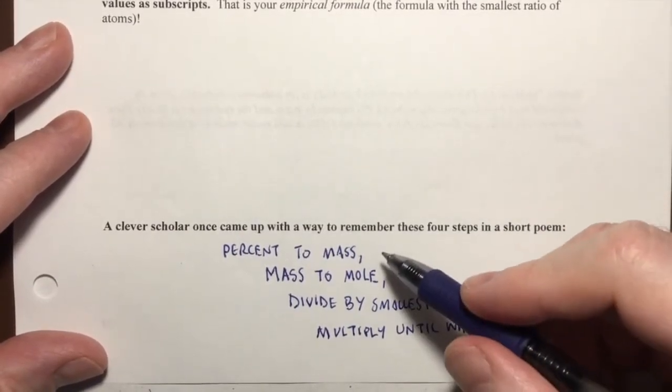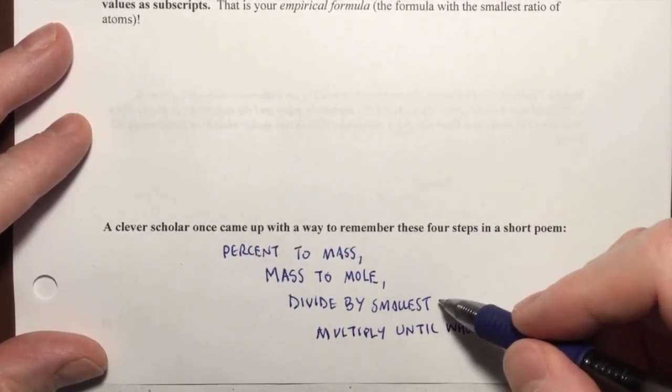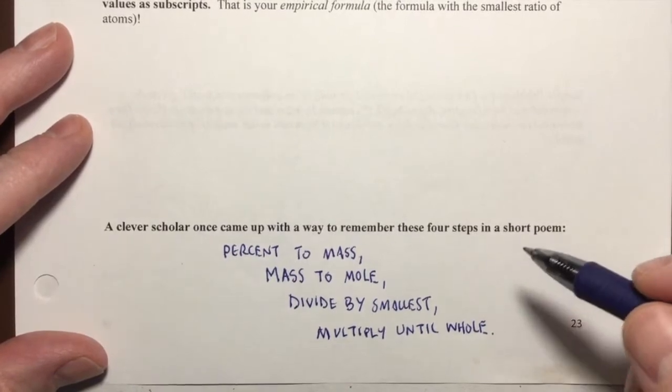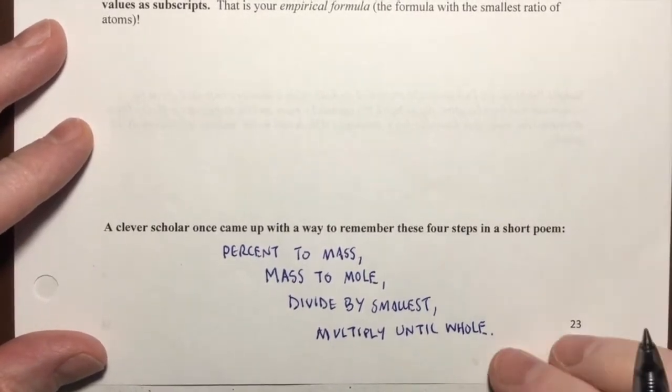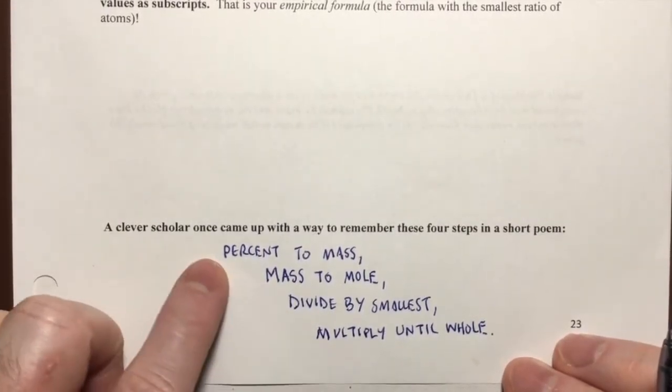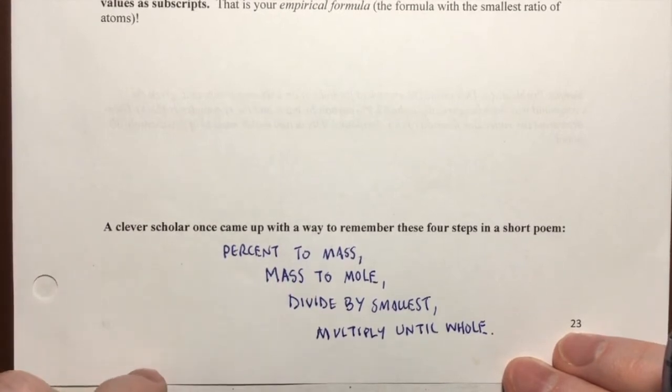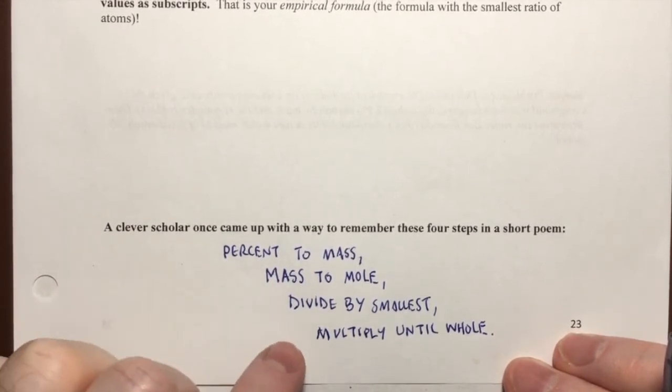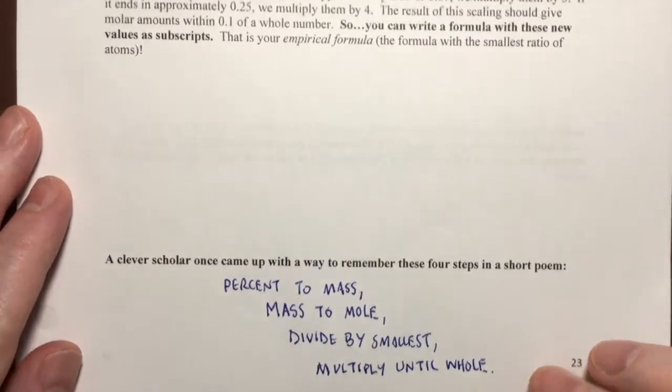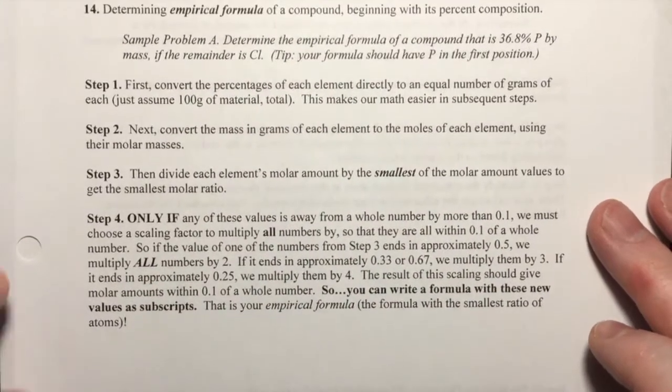Percent to mass, mass to mole, divide by smallest, multiply till whole. And those are the 4 steps of calculation that you have to do. So we're going to do those 4 steps right up here.